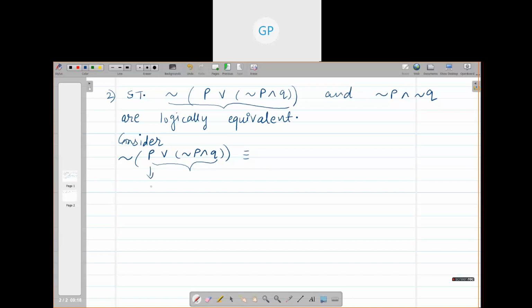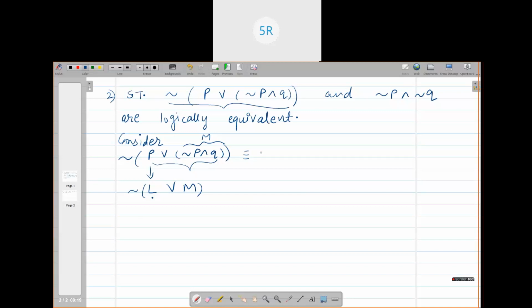Suppose this is your L and this is your M, so this is negation of L or M. What is negation of L or M using De Morgan's laws? Negation L and negation M. Exactly.